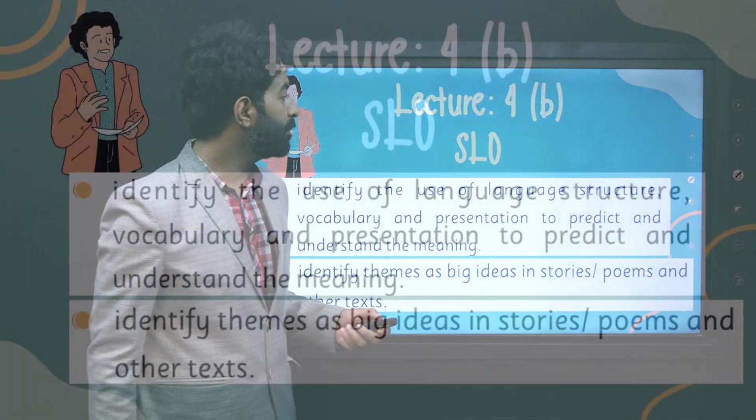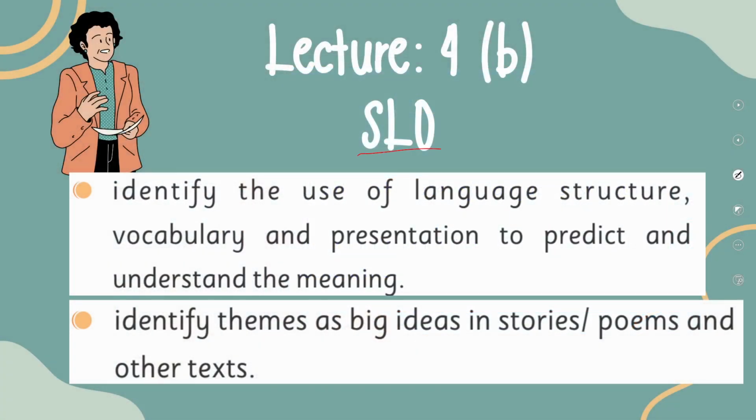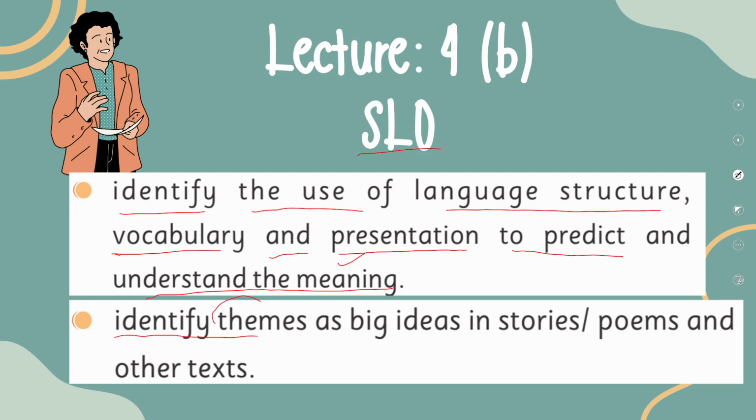Now, for 4B, our students' learning outcome will be to identify the use of language structure, vocabulary, and presentation to predict and understand the meaning. And another similar SLO is merged with this video lesson: identify themes as big ideas in stories or poems and other texts.